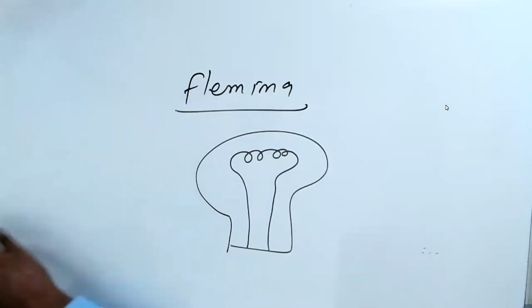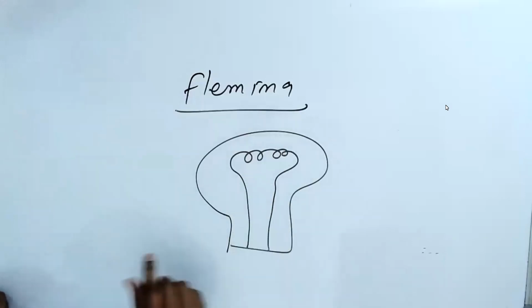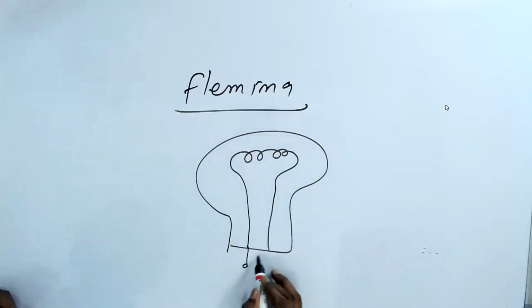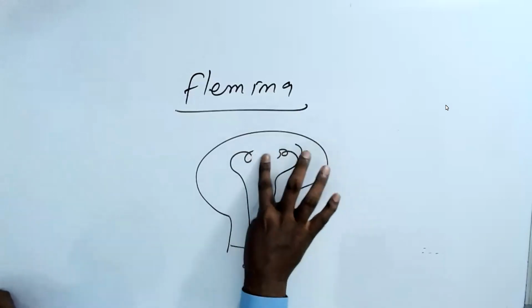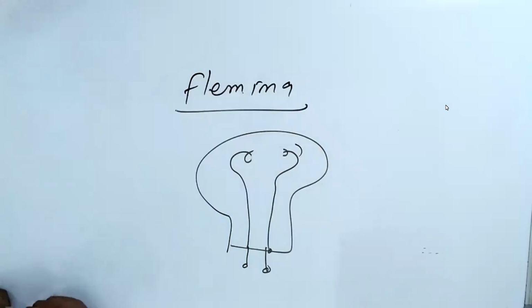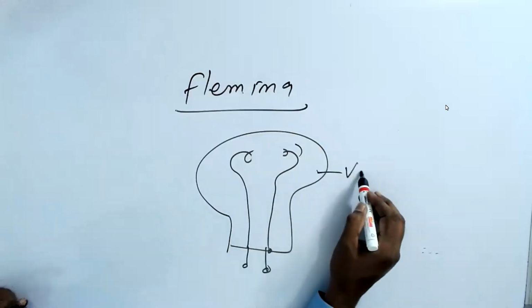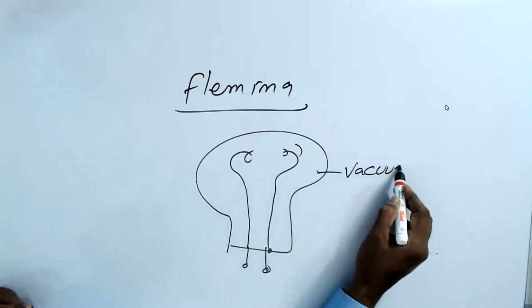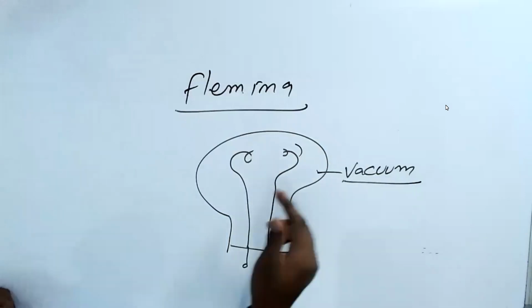Like that, Fleming did an experiment. We know that if I give a voltage here, the bulb will glow. If I cut the wire, what will happen? That's what Fleming researched. And inside is vacuum.